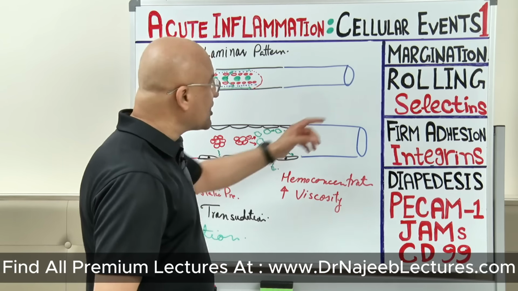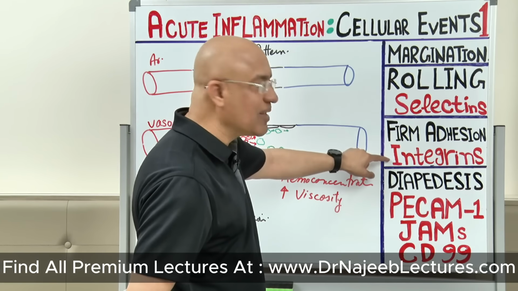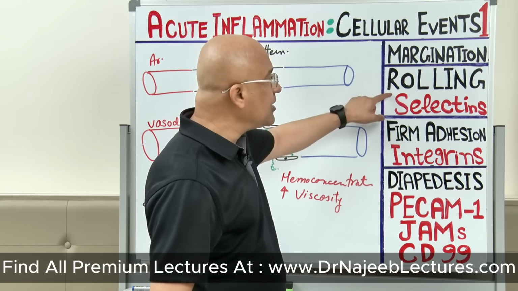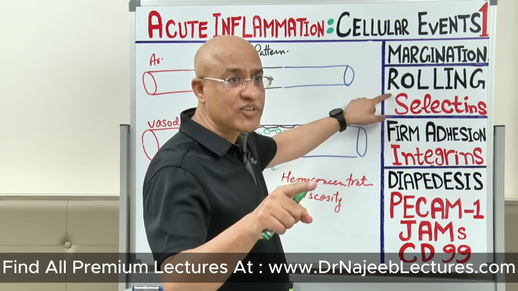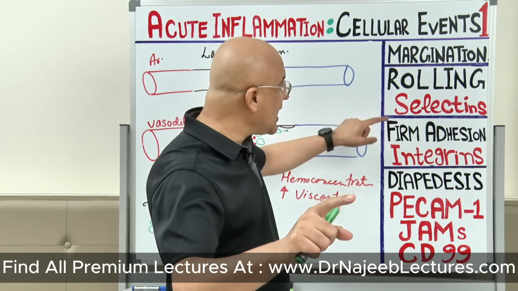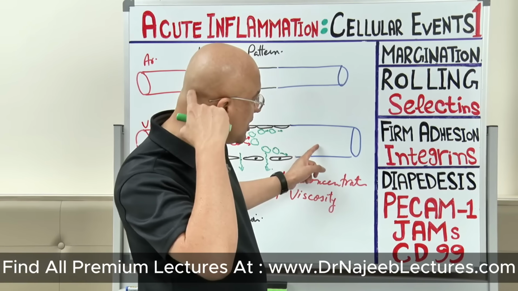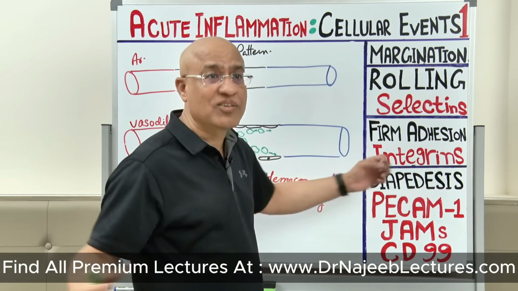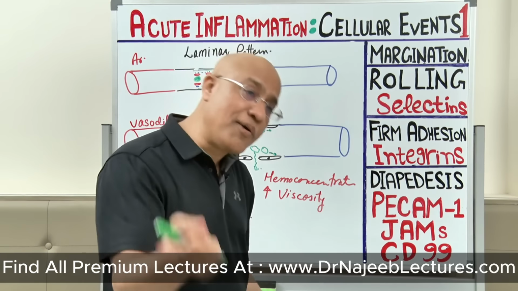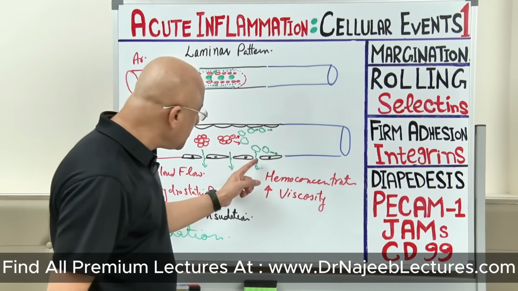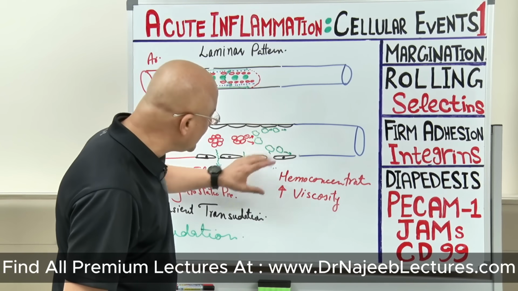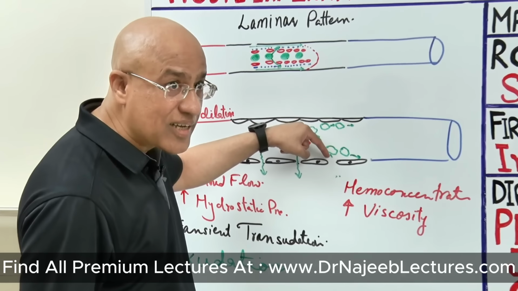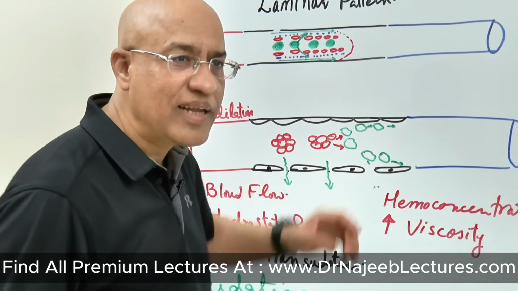Now this kissing and hugging I will explain in the next session. Once enough rolling under the selectins, or kissing, has been done, and then firm adhesion of neutrophils under the influence of integrins, strong hugging, has been done, the next step is what?